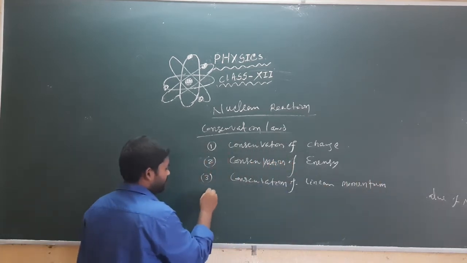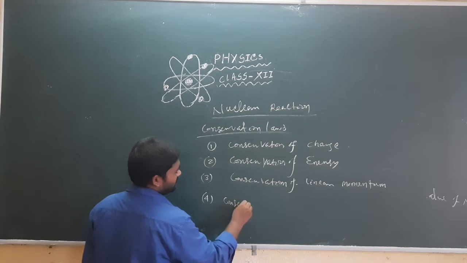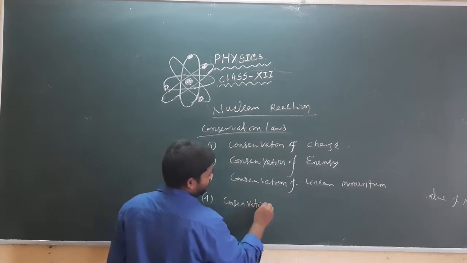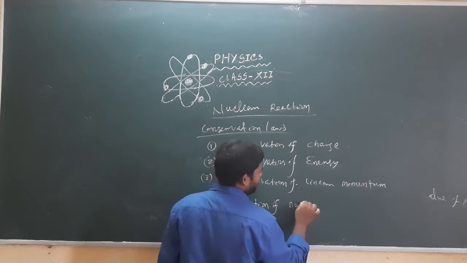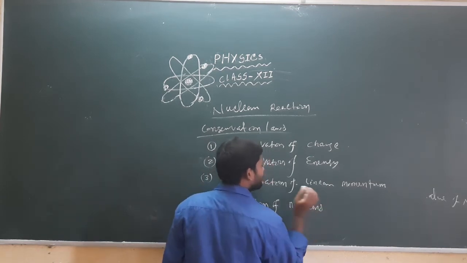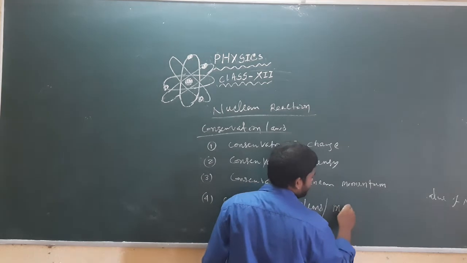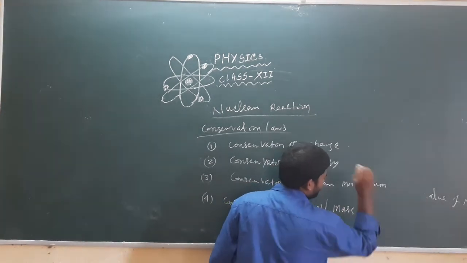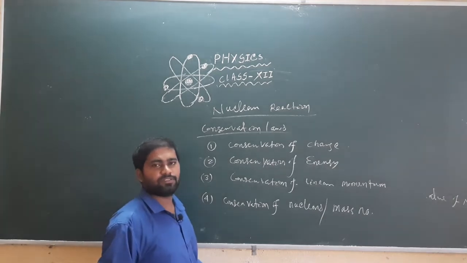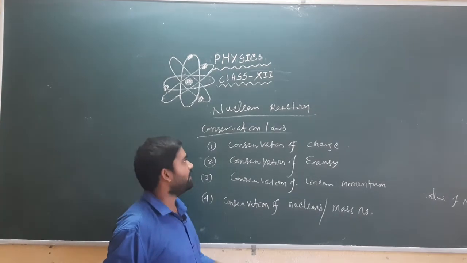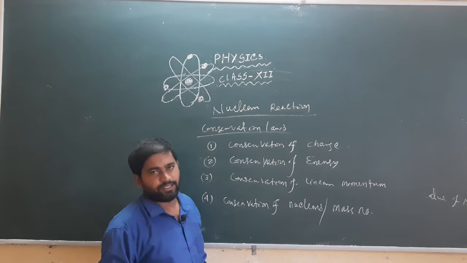Number 4, conservation of nucleons, or simply conservation of mass number. So these are the different conservation laws that have to be satisfied by a nuclear reaction.